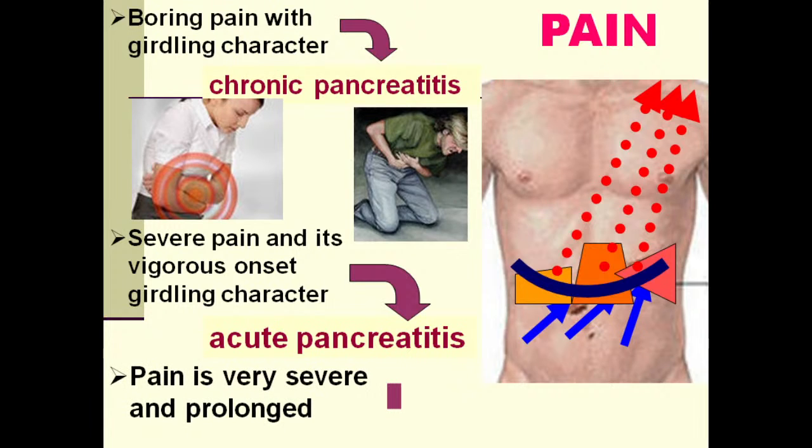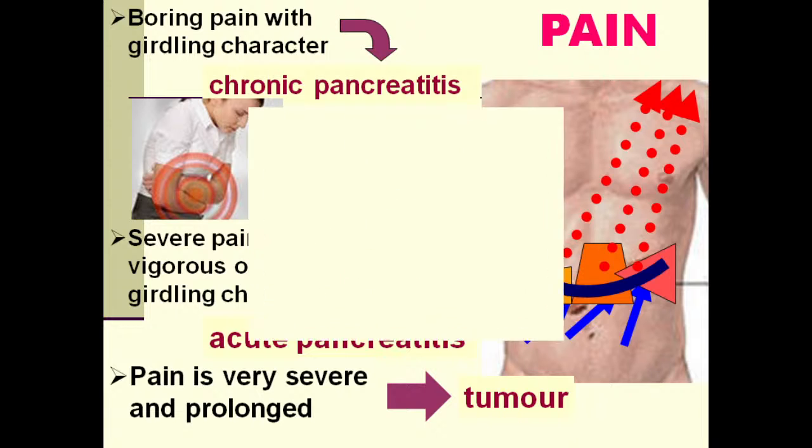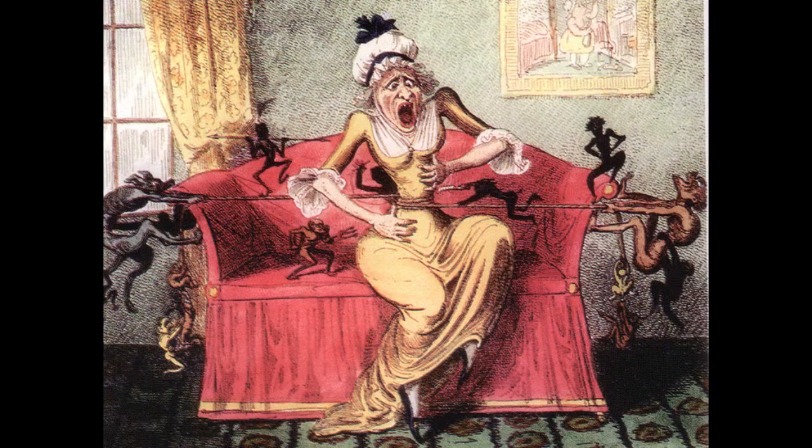And if the pain is very severe, prolonged, and released with difficulty, we must think about a possible new growth, a tumor. But in all cases, I'll remind you again, pain has a specific girdle character. The next slide, I think, helps you remember this specific characteristic of the pancreas. The patient complained and explained that the pain constricts his trunk and divides it into parts.